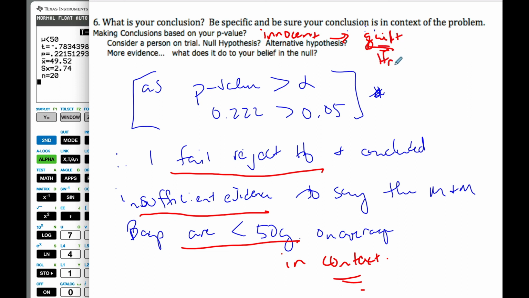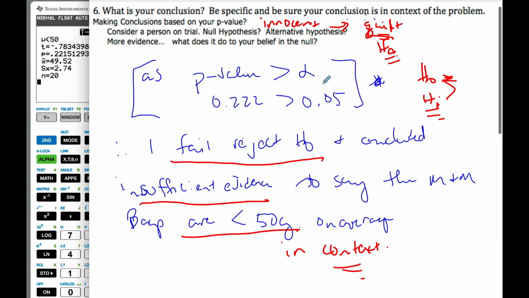This is the alternative hypothesis. And so we assume innocence to try to prove the guilt. The same thing happens with our null hypothesis and our alternative hypothesis in the hypothesis test. We assume the status quo of what's happening now, and we try to show the new thing going on. The more evidence you have to support the alternative, the more you can reject the null hypothesis. There's your introduction to hypothesis testing. There's a lot more to come.